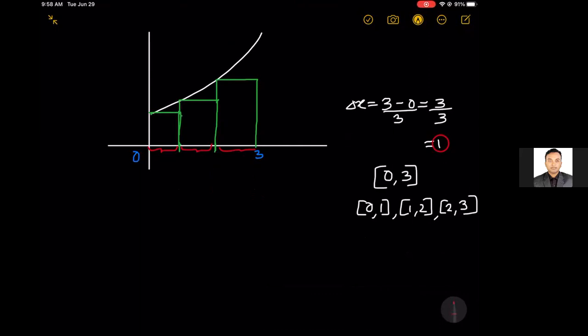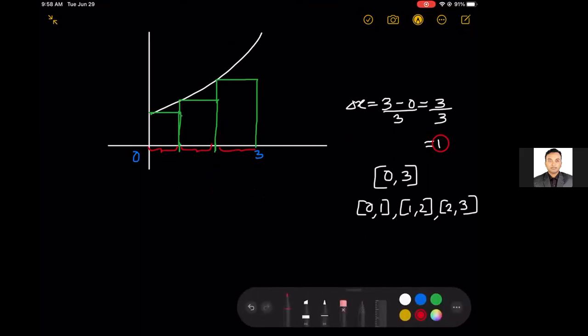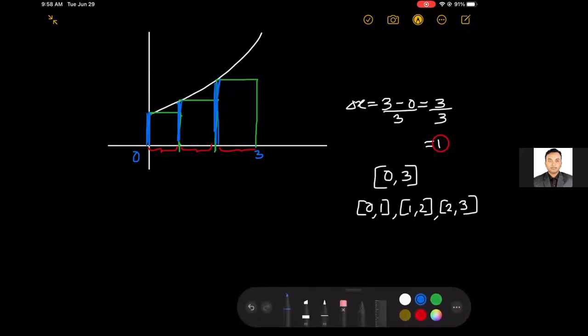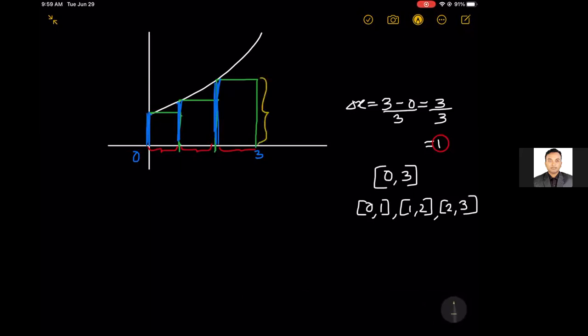And now this will come in handy. Since we are finding the left sum, as I said, you'll see we'll be taking the left side of these rectangles. And you can clearly imagine why, because you can see the right side is not actually the functional value, because it's not really touching the curve. Rather, the left side, you can see it's touching the curve.